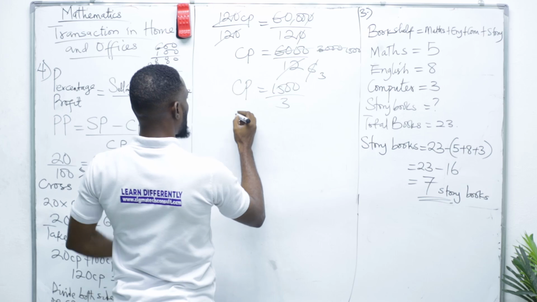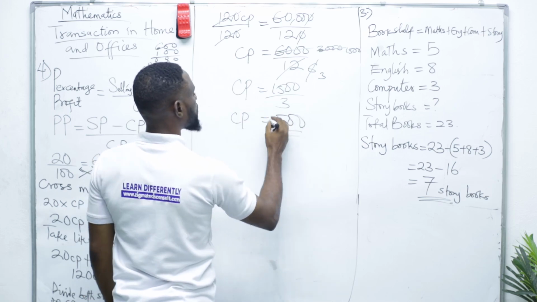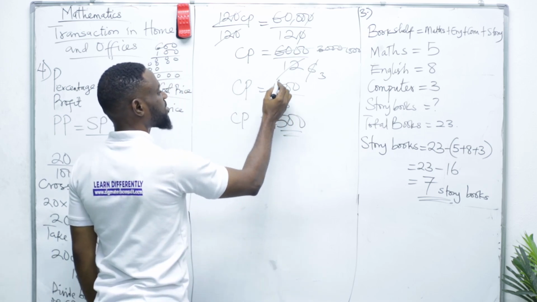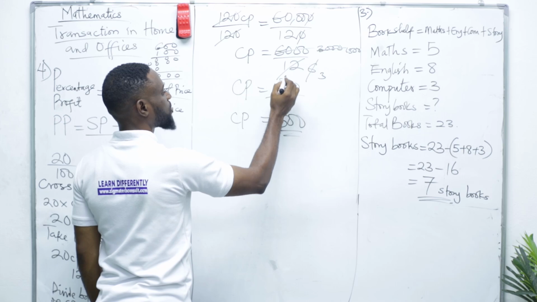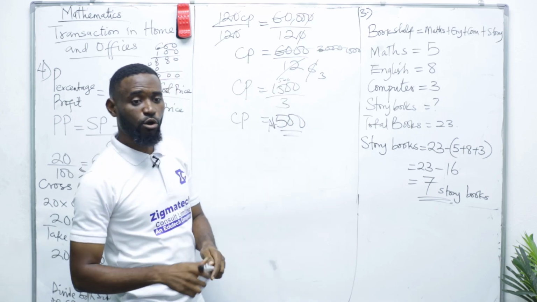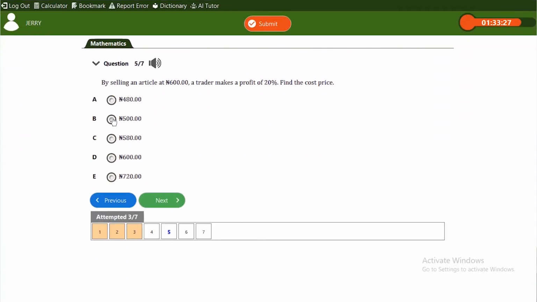So CP is equal to 500, because 15 divided by 3 is 5, and 3 divided by 0 is 0. So it's 500 naira. So the cost price of that item is 500 naira.